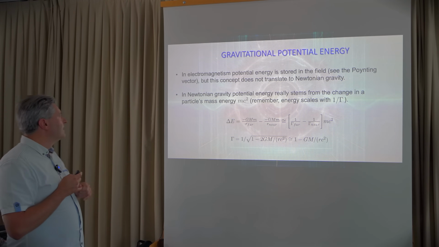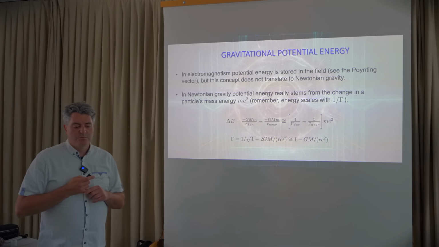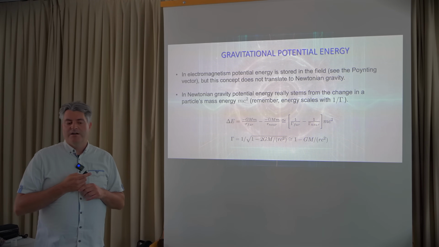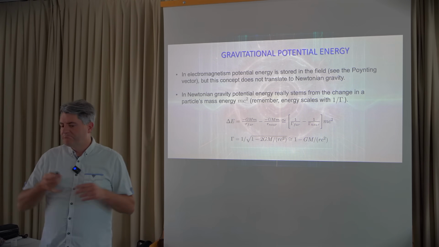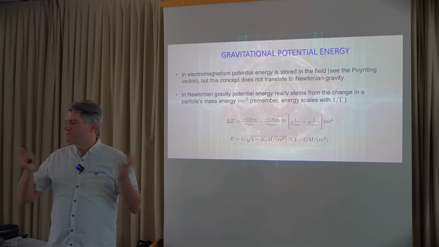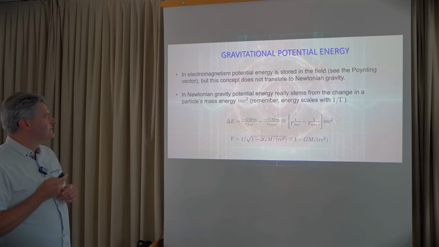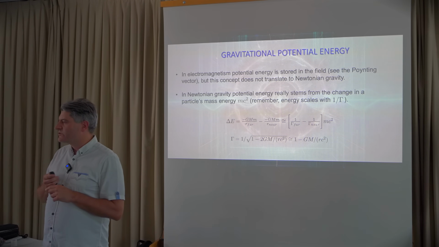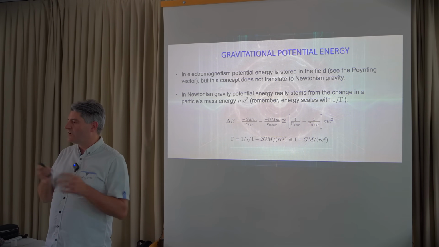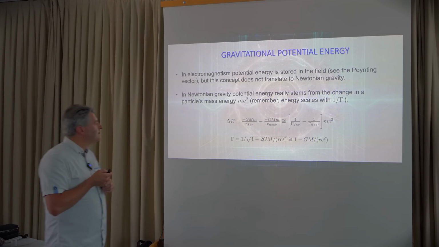That doesn't work. And if you ask the question, what actually is gravitational potential energy physically, nowadays you usually get an answer that involves space-time, bent space-time. But there is actually a much more interesting, much more classical explanation.